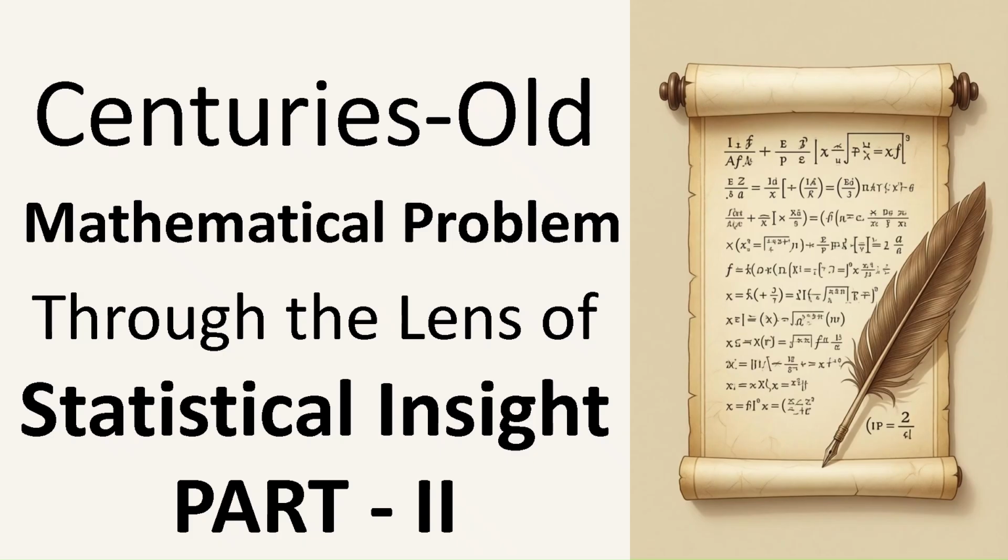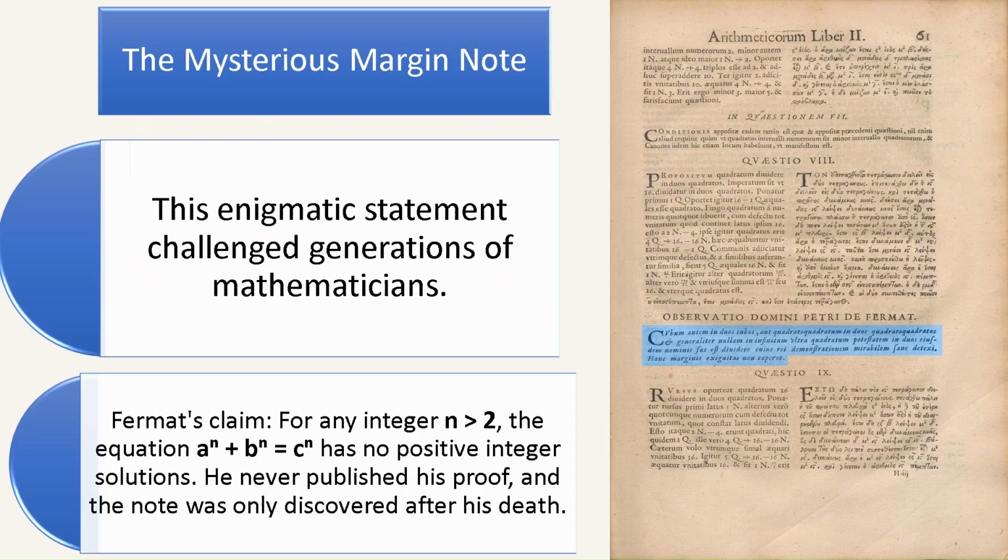In the previous video, we discussed the historical perspective of Fermat's last theorem, highlighting how a seemingly mysterious marginal note evolved into one of the most challenging problems for mathematicians over more than 350 years.